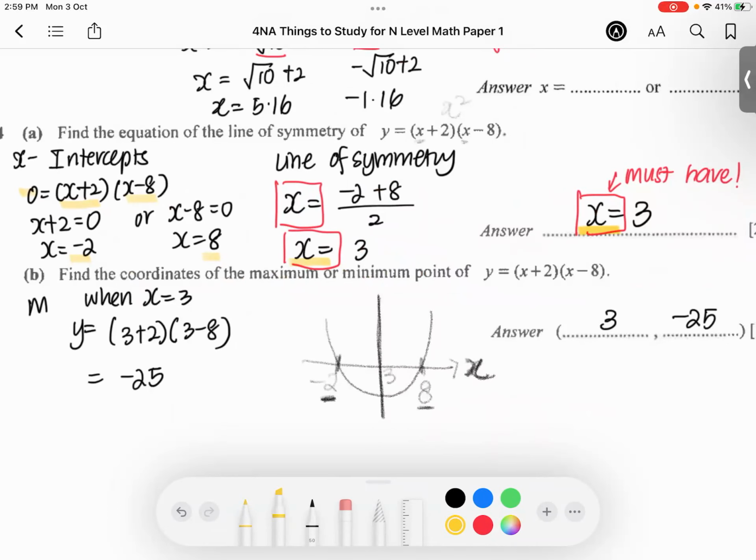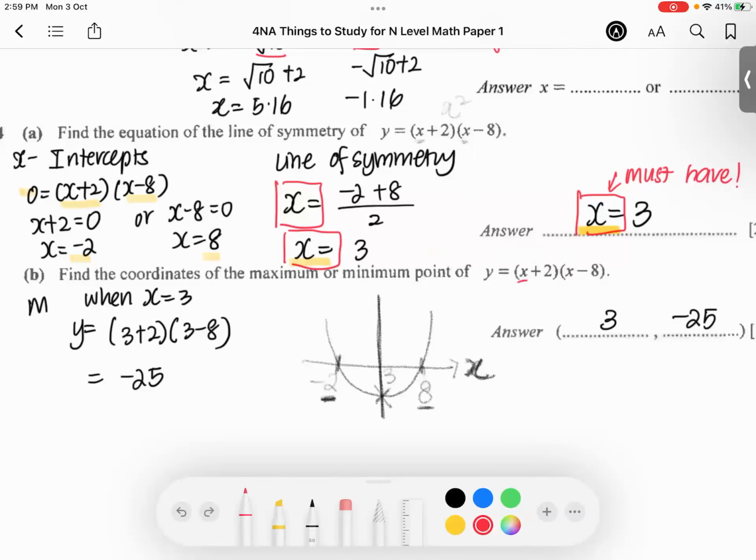Okay. Next, part B, they ask you to find the coordinates of the maximum or minimum point. That means I want to find this point over here. I know x equals 3. Oh, wrong color. I already know x equals 3. So how do I find the y value?